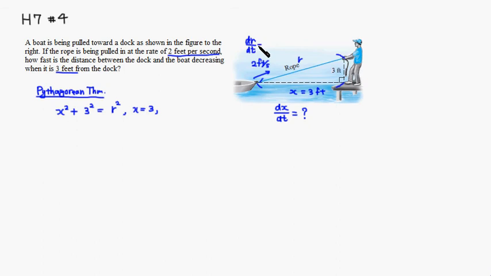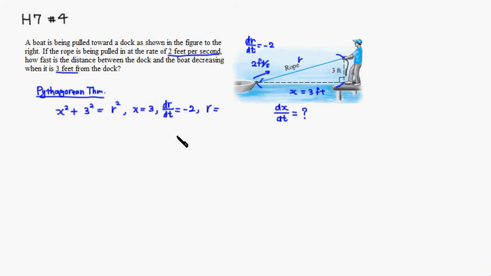But we have to be a little careful: since the rope is pulled in, the length of the rope is actually decreasing at the rate of 2 feet per second, so dr over dt is equal to -2. And we can use the Pythagorean theorem to find r.